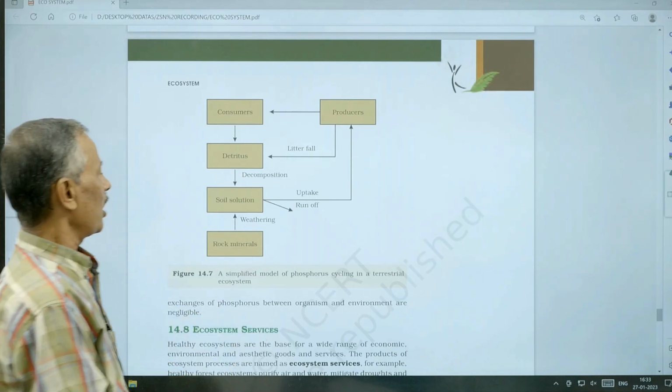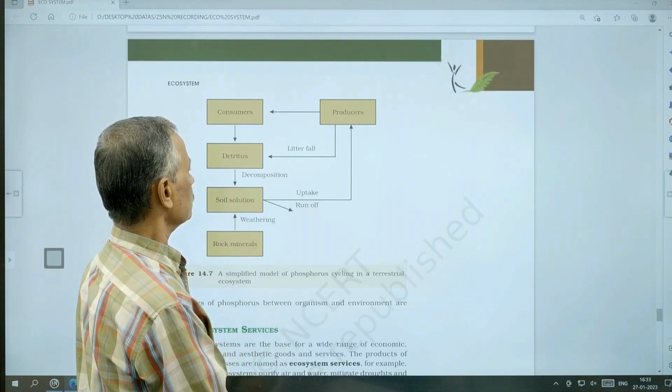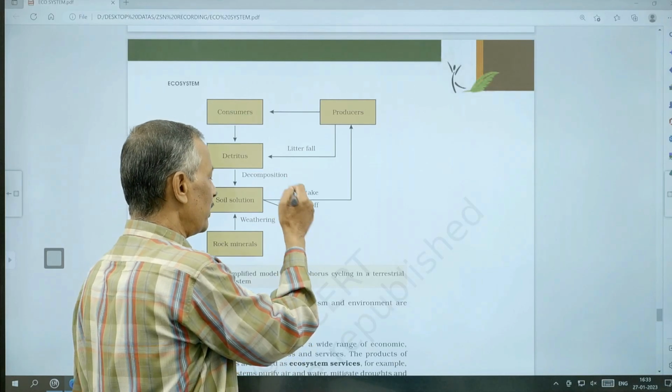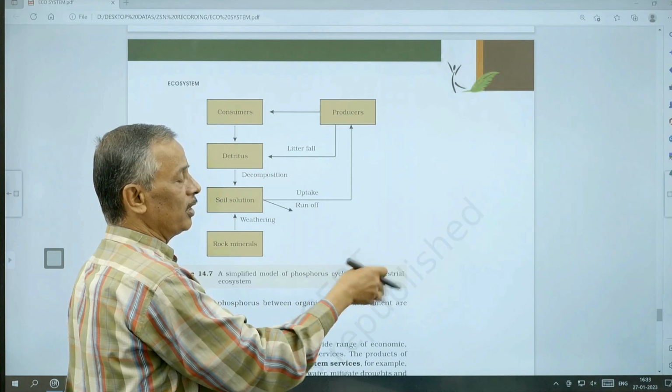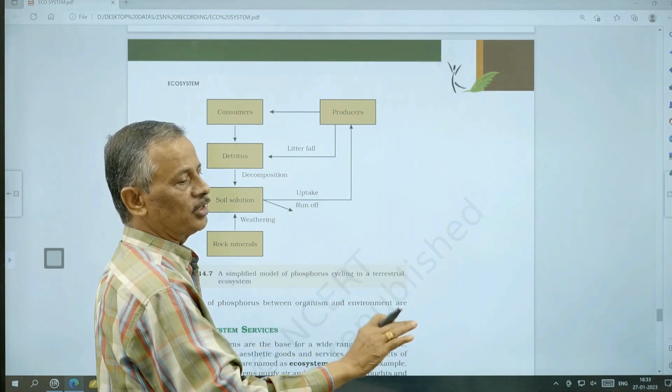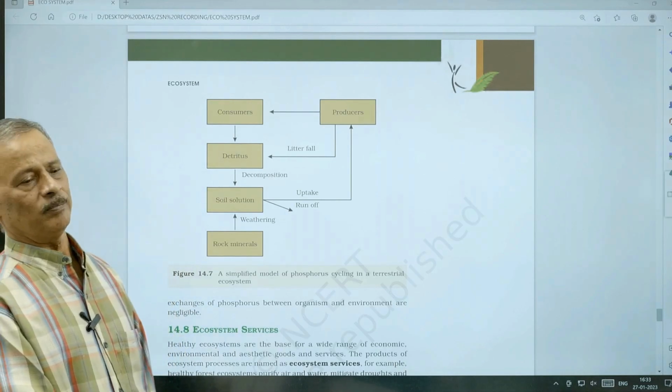But at the same time, the soluble form of phosphorus will be dissolving in water, and through rainwater they may be undergoing leaching and going to the deeper layers. So it may be lost from the ecosystem.